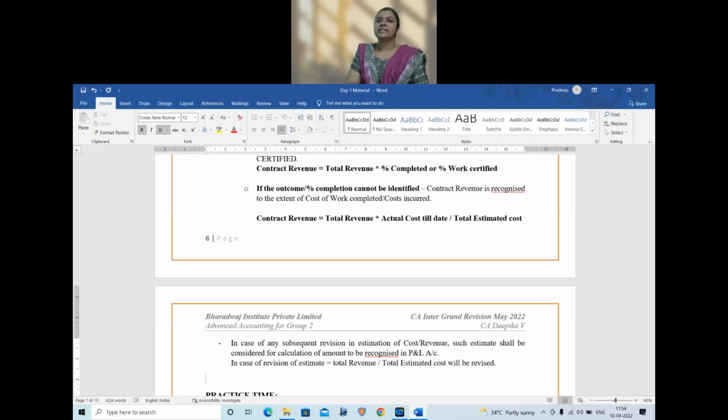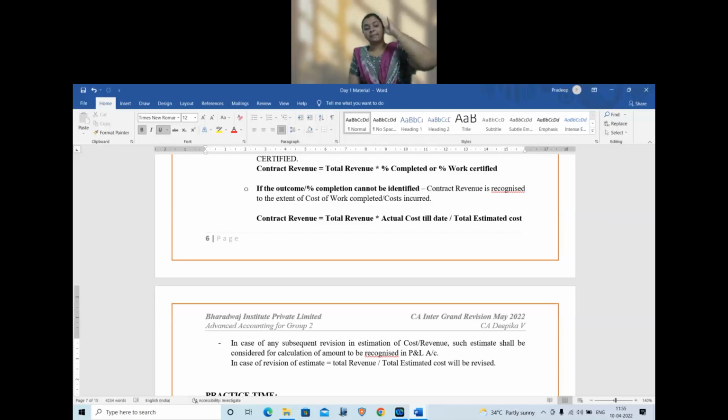So AS 7 questioning areas, if you see: the first area of question is whether a contract shall be treated as a single contract or separate contracts. Second, whether it is a fixed price contract or a cost plus contract. Third, calculation of contract cost and revenue for the contracts.